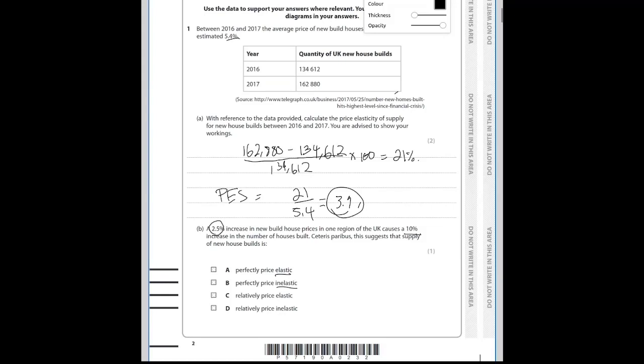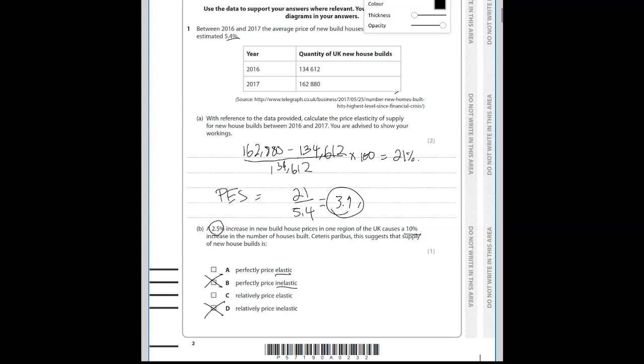This suggests that we have an elastic relationship, and I can therefore disregard B and D because those are both inelastic, and this is clearly an elastic relationship. If we had 2.5% and then there's a 1% change in the number of houses being built, that would be an inelastic relationship. And then we're looking at whether this is perfectly or relatively elastic.